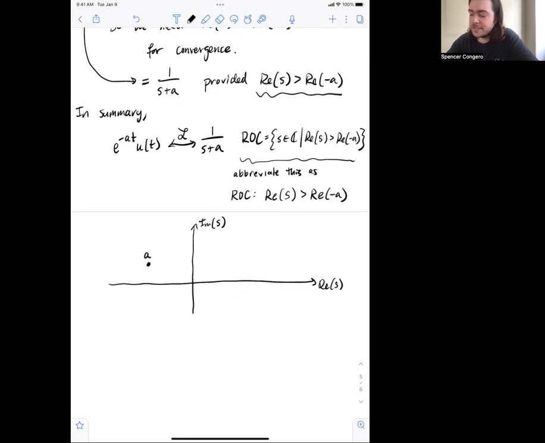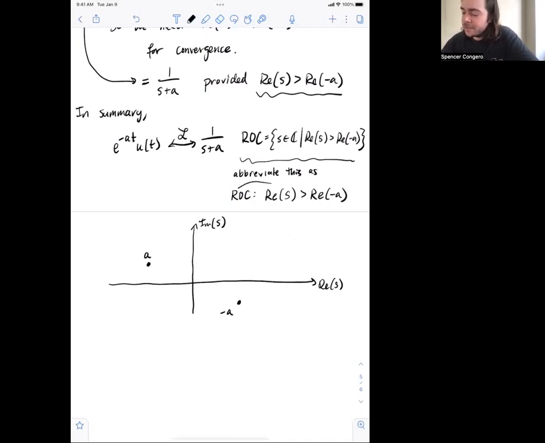To negate a complex number, you negate its real part and its imaginary part. Negative of x plus jy is just negative x minus jy. So the real part's negated and the imaginary part's negated, and you're just mirroring it through the origin. So it's going to be somewhere over here, our negative a.